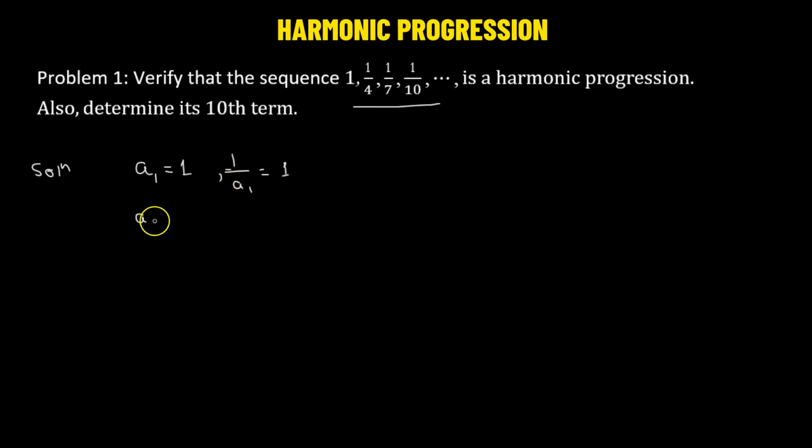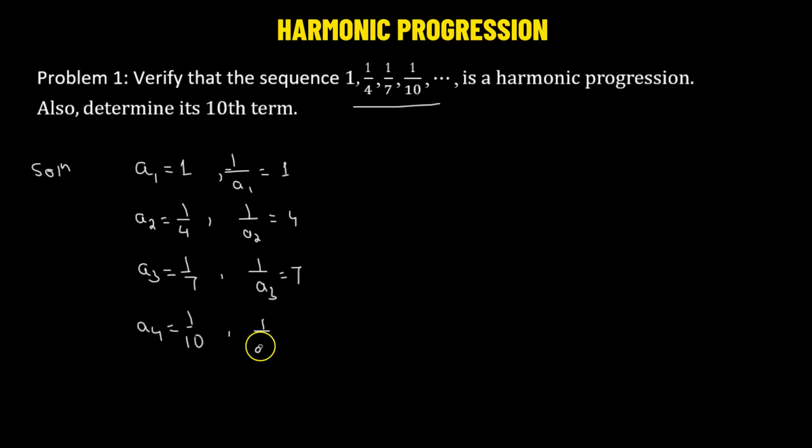Then the second term a2 is 1/4, and its reciprocal 1 over a2 is 4. Then we have a3, the third term, 1/7, which means its reciprocal 1 over a3 is going to be 7. And similarly the fourth term, 1/10, has reciprocal 1 over a4 equal to 10.